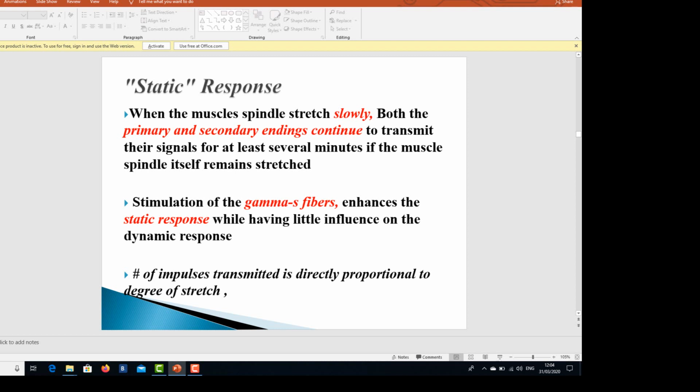Stimulation of the gamma S fibers enhances the static response while having little influence on the dynamic response. The number of impulses transmitted is directly proportional to the degree of stretch.